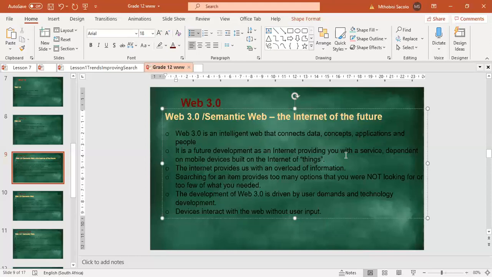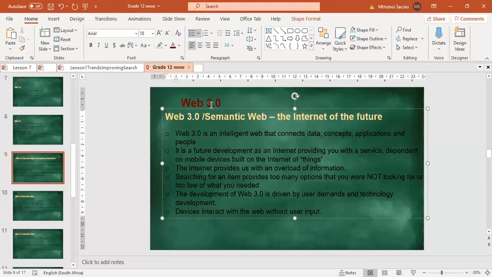Here we're talking about things like thermostats, security systems, cars. Now cars are very much advanced. A lot of things that you can think of. So that is what we're talking about when we talk about Internet of Things.